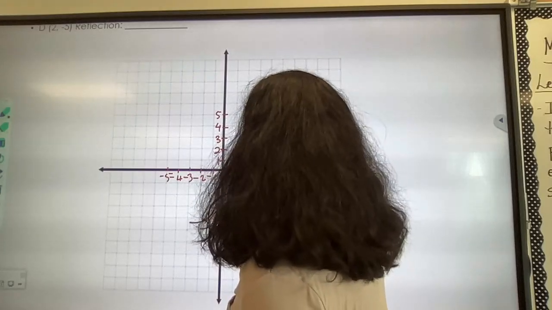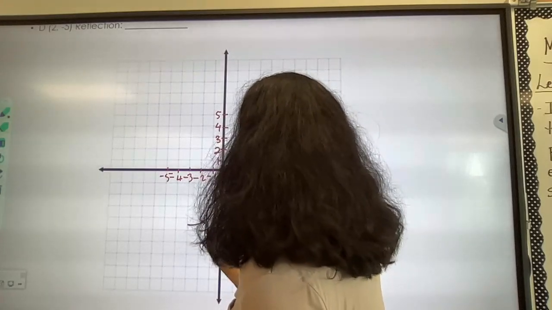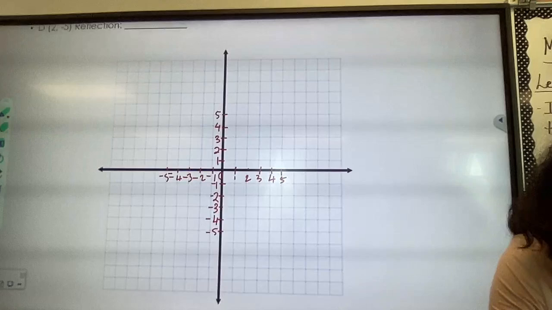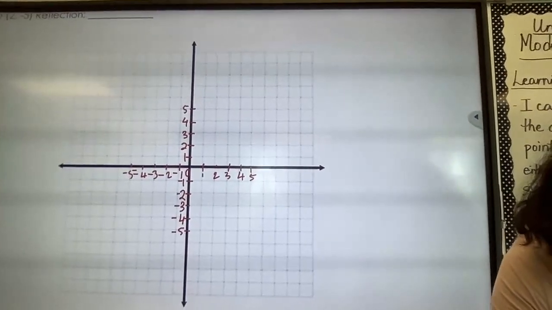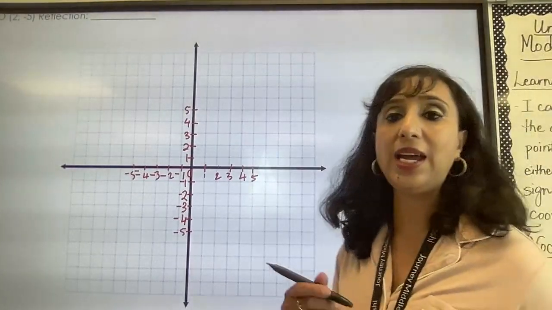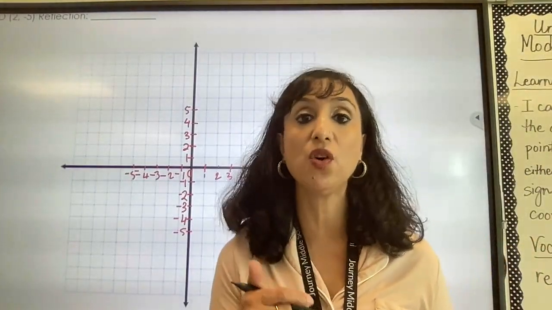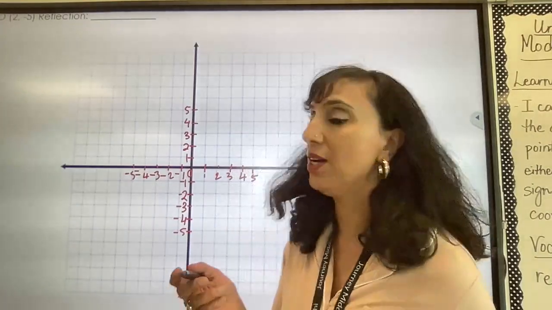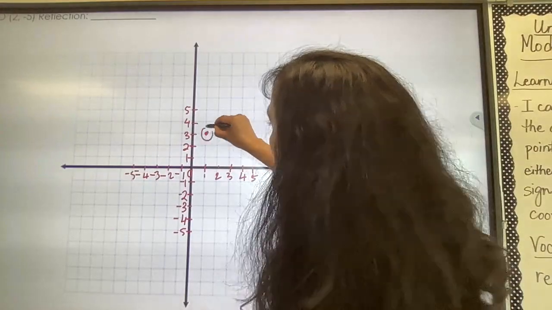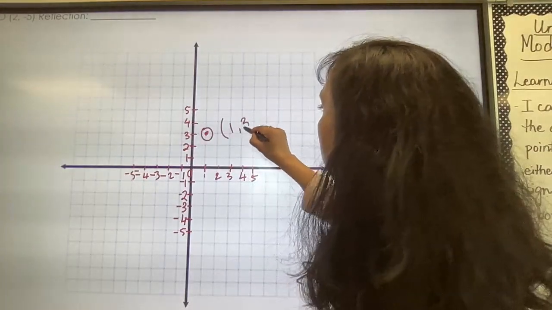Okay, so once we have this labeled, let's say I have a point which is 1, 3. So if I have 1, 3, I know that is positive, positive, so it's going to fall in quadrant 1. So here's 1, here's 3, and I have this over here. This is my ordered pair.